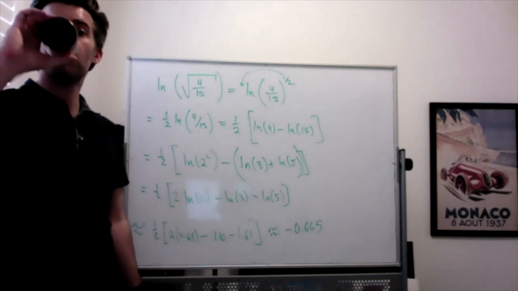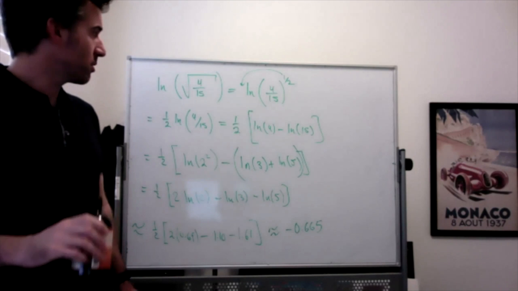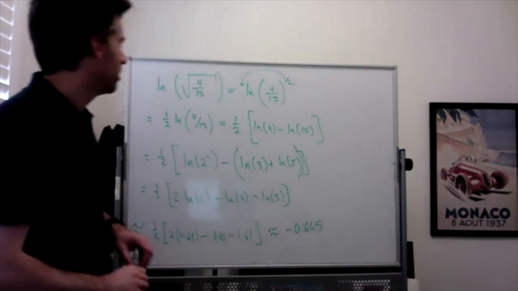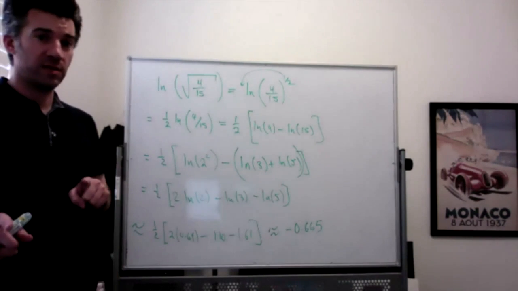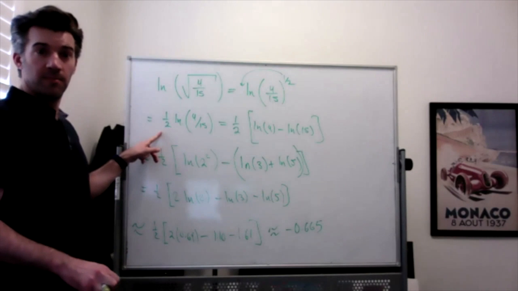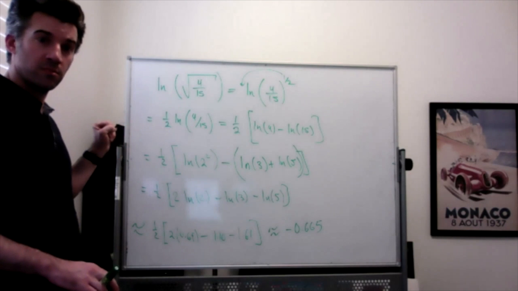Wait, I have a question. I thought you could multiply 4/15 by 1/2. So I can't multiply 4/15 by 1/2. I can multiply the natural log of 4/15 by 1/2. Wasn't there a rule where you can multiply it by the exponent?